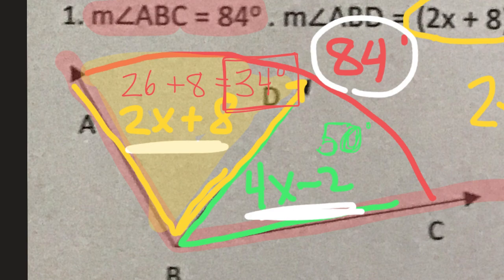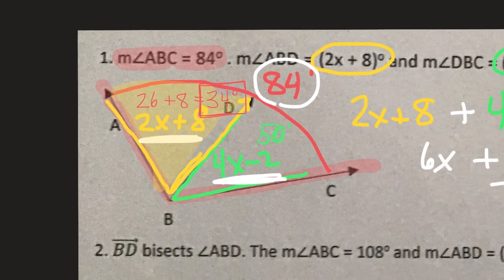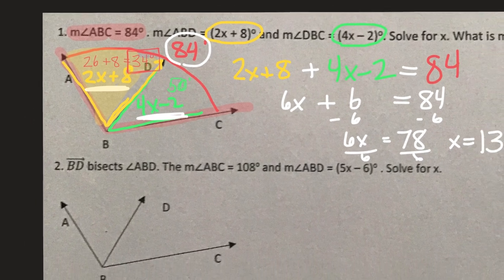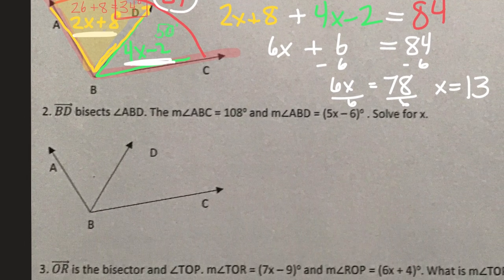Okay, let's look at number 2 and see if we see any vocabulary words. How is this number 2 different from number 1? First of all, we see a vocabulary word, bisect. What does it mean to bisect? Cut into two equal parts. Halves means equal, so this part here is equal to that part there.